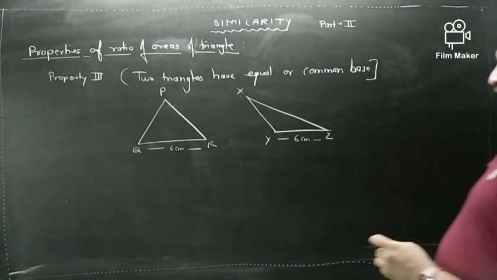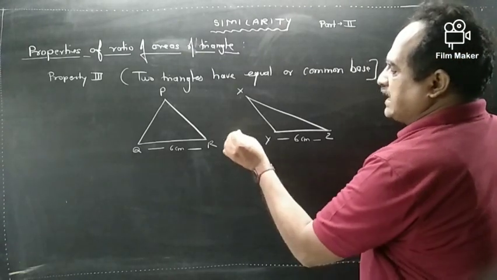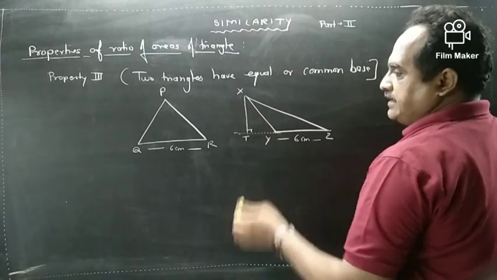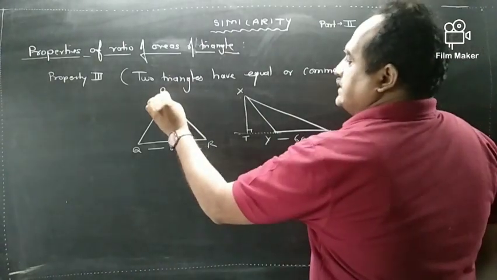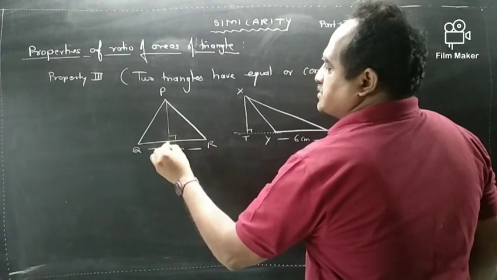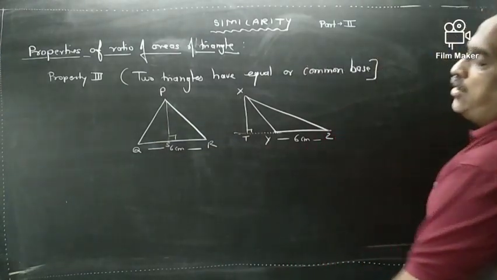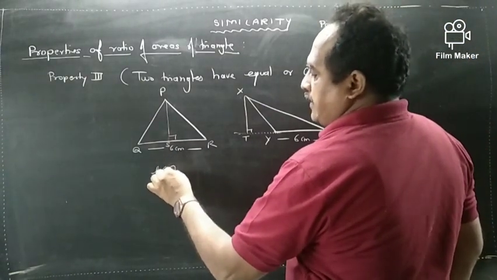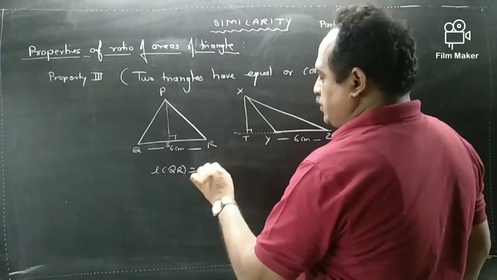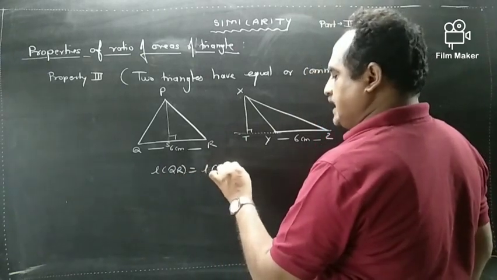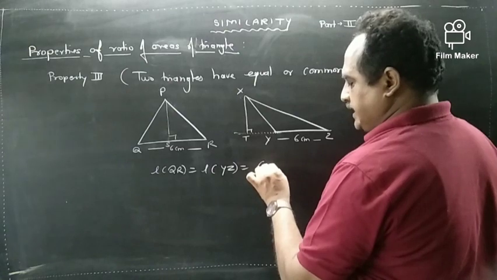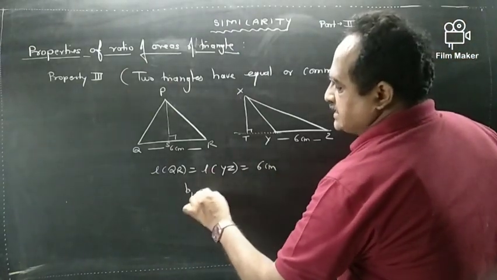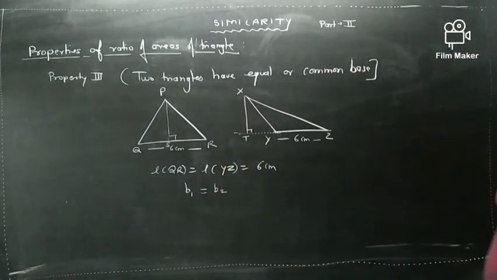As I told you, in case of an obtuse angle triangle, we are going to extend the base and make the height. This is the height, and this is the first triangle. Now length QR is equal to length YZ is equal to 6 centimeter, meaning base 1 is equal to base 2.